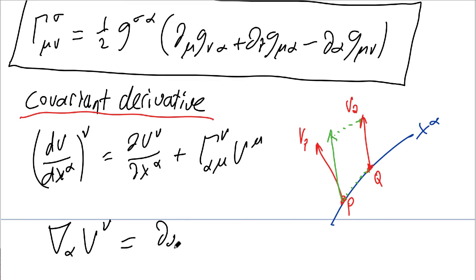And we can also write this as partial alpha v nu plus gamma nu alpha mu v mu. But just remember that the meaning of this expression is that this is not a derivative operator acting on the components of the vector. This is really a derivative operator, the covariant derivative, acting on the vector field v, and we're looking at the nu component of that vector field.